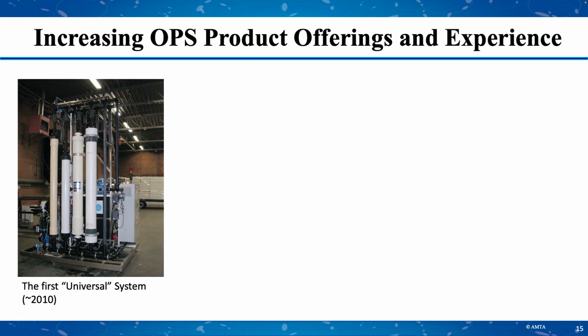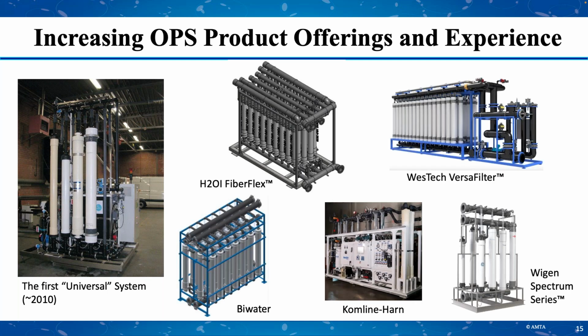And then if we look at the products that are out there today, now we have a lot more options, all right? So we have with us today people from H2O, Westech and Bywater. Wigen also has an open platform system as well as Hahn. So nowadays there's a lot more products that are out there. And let's go to the next slide, please.